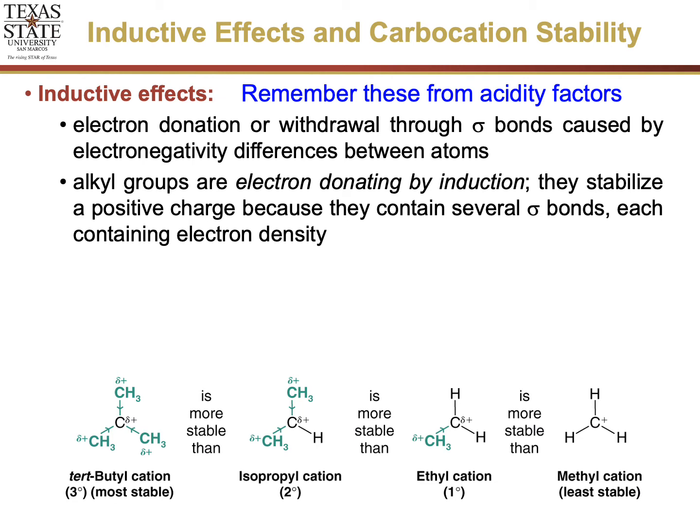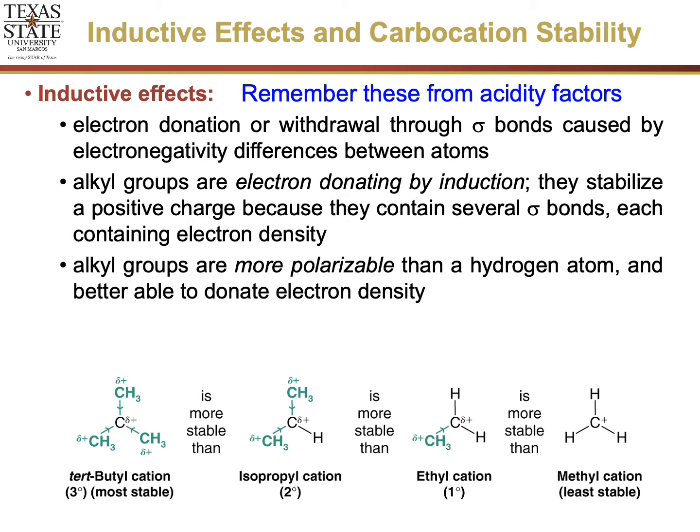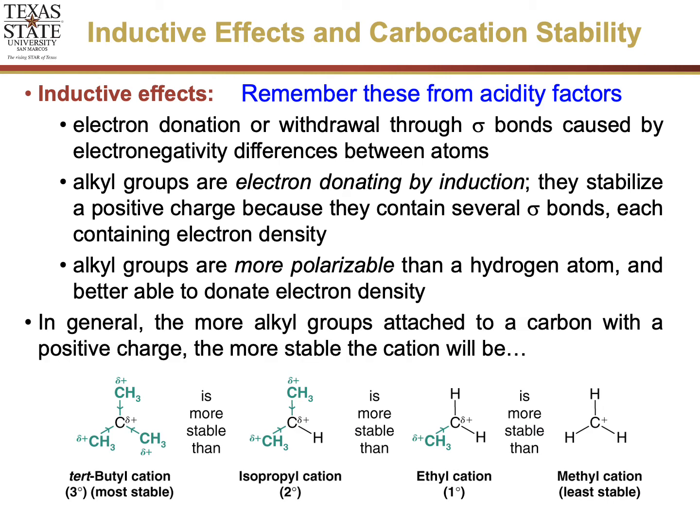It can inductively donate some electron density through the sigma bonds to the carbon that has the positive charge. Alkyl groups are more polarizable than the hydrogen atom and therefore can donate more electron density. In general, the more alkyl groups you have added to a carbon with a positive charge, the more stable the cation can be, because 3 donations through sigma bonds is more stable than 2 donations, which is more stable than 1 donation, which is of course more stable than the methyl cation.